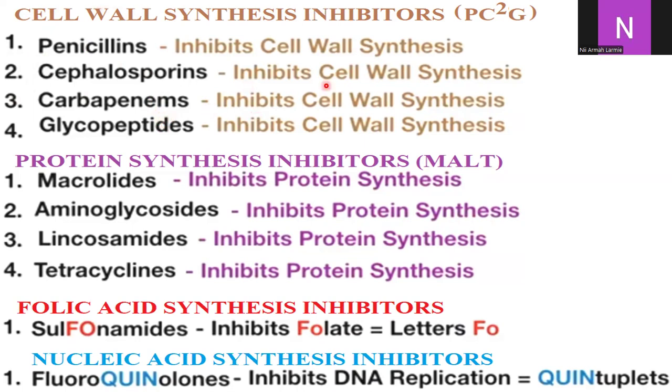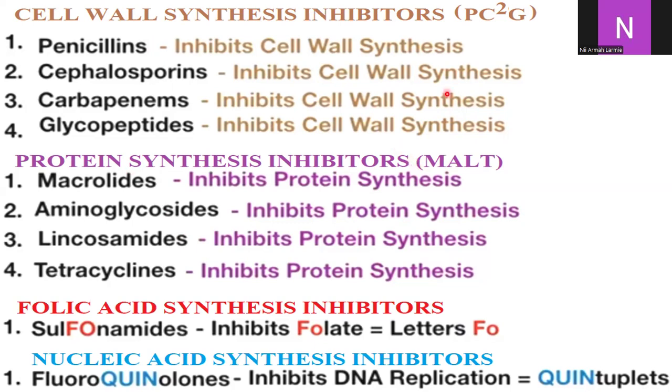Note they all inhibit cell wall synthesis. Then we have the protein synthesis inhibitors, and these inhibit protein. Remember, they can do it either at the 30S or the 50S subunit.